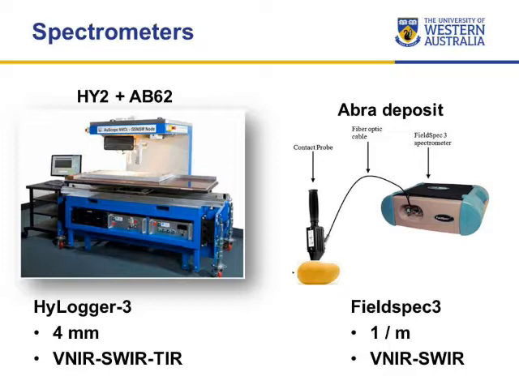It collects very near infrared, shortwave infrared, and thermal infrared spectra, whereas the FieldSpec 3 spectrometer, which was used by Abra Mining at the time of, I don't know, 2006, collected spectra every meter, and collects only very near infrared and shortwave infrared spectra.